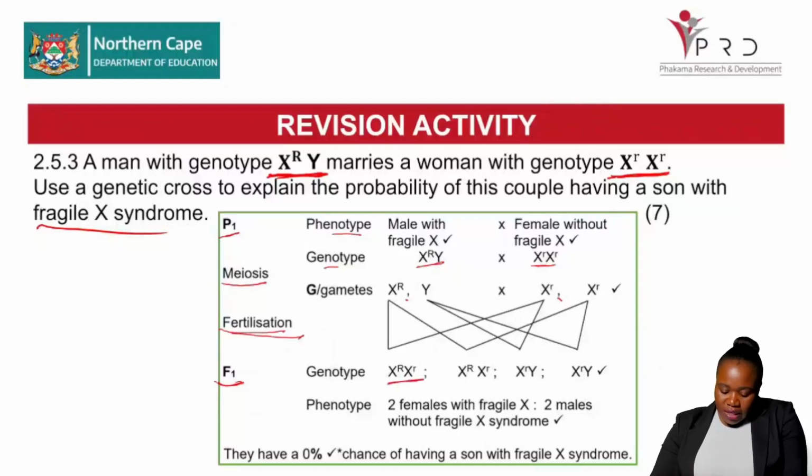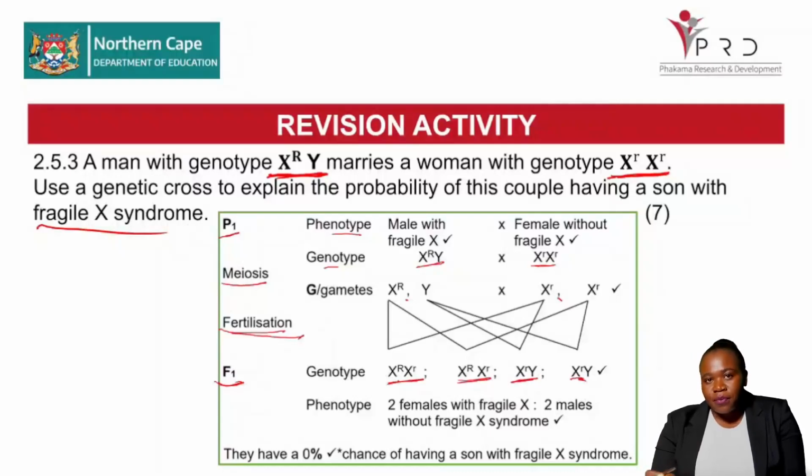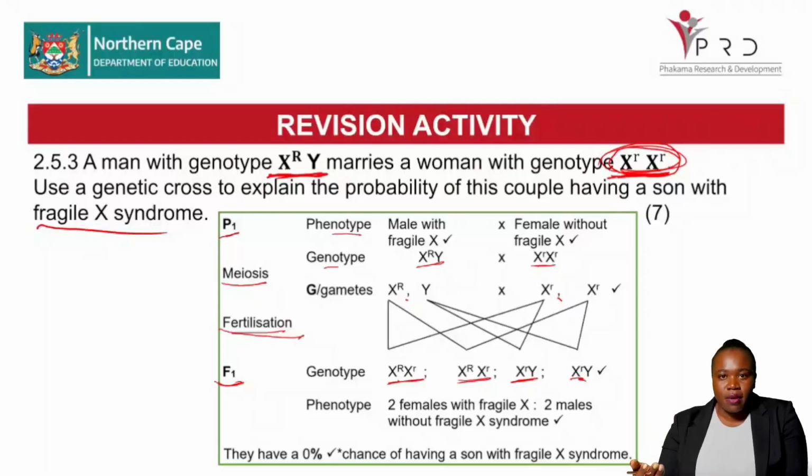This one is a female with the disorder, another female with the disorder, a male without the disorder, and a male without the disorder. By simply looking at the genotype of the mother, you should already know the genotype of the son. How? This female has no disorder. She's going to pass any of these two alleles to the son, right?